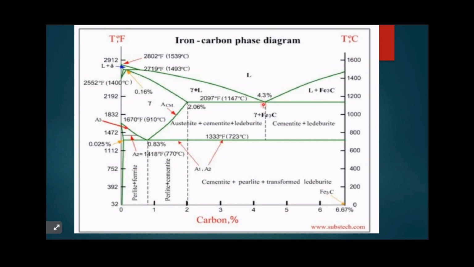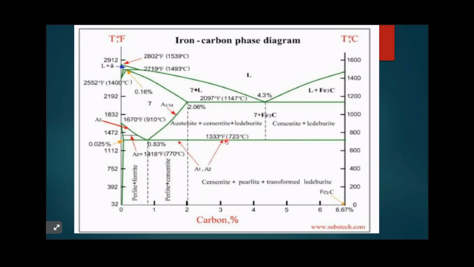When the temperature decreases below 1147 degrees Celsius, two structures will be obtained, that is austenite plus cementite plus ledeburite, in the case of hypoeutectic cast iron, and cementite plus ledeburite in hypereutectic cast iron.